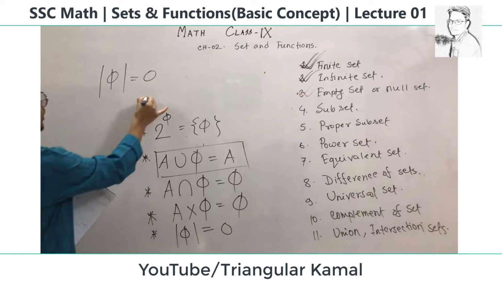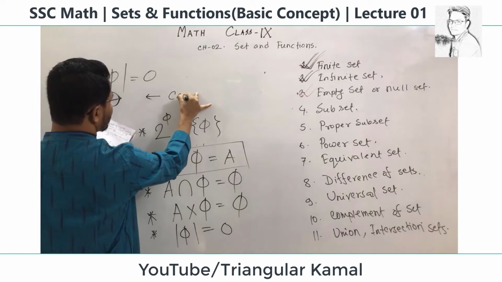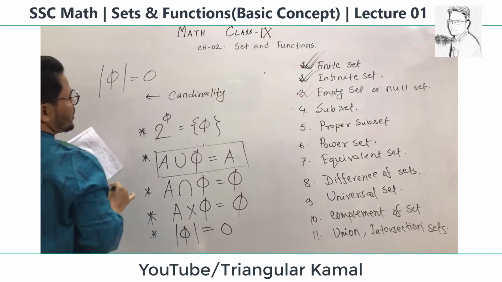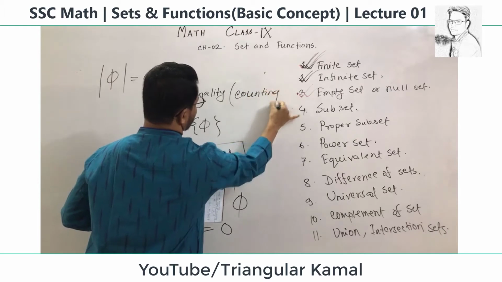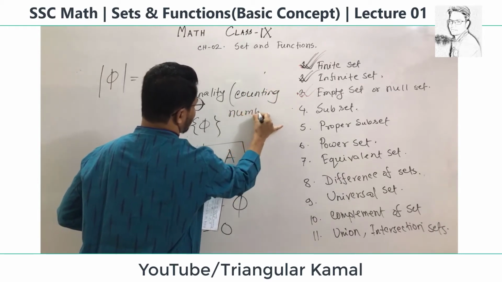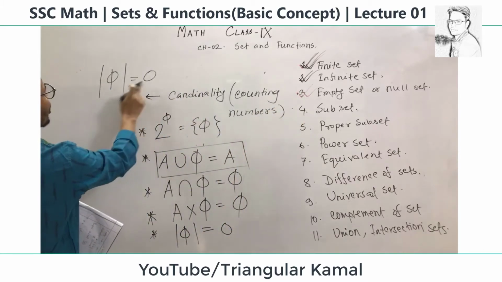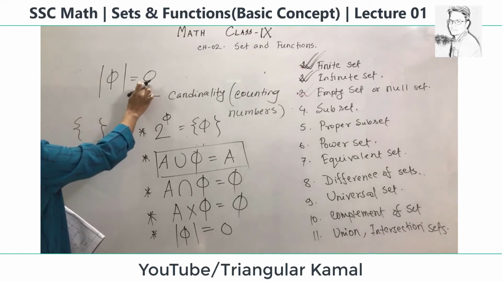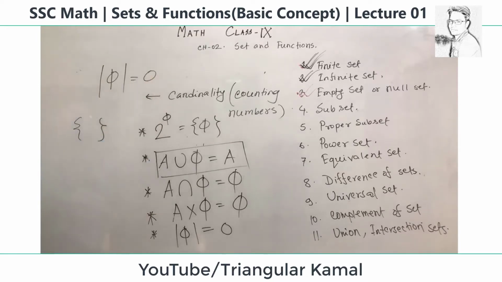This indicates cardinality. Cardinality means counting number. The cardinality of the empty set: the empty set has no counting number. There is absolutely no counting number. So the modulus or cardinality of the empty set will be 0.